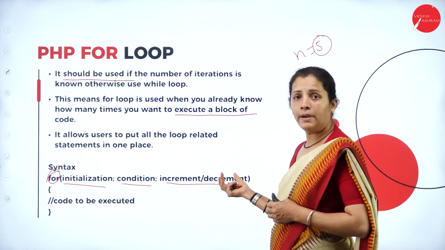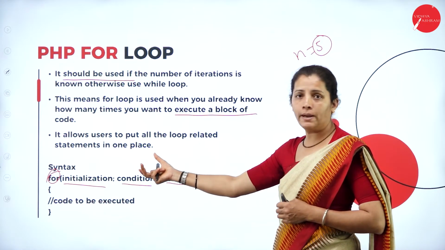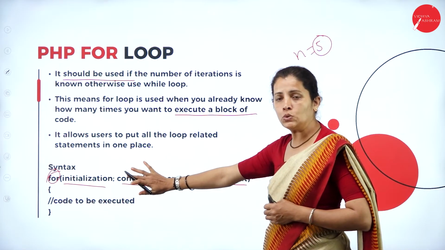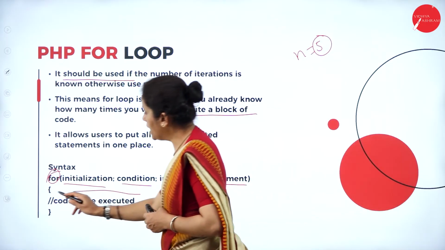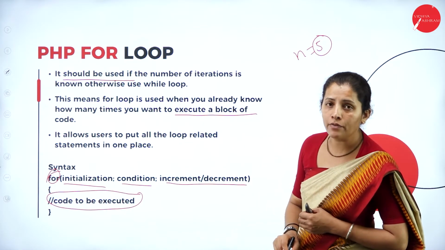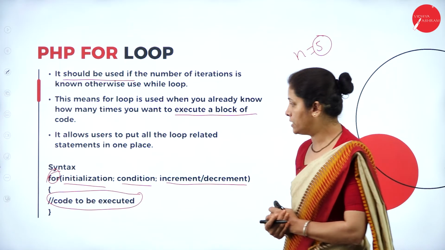I am placing all three loop related statements in one line. If the condition is true, then I'm going to execute the block of statements which is present inside the for loop. Let's see how this for loop is going to execute.